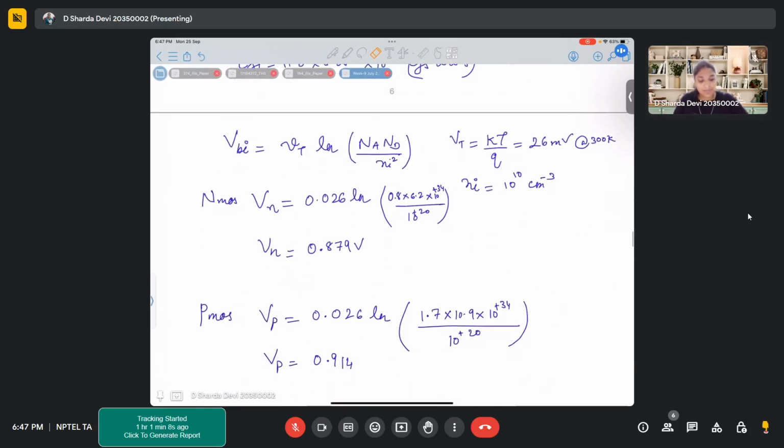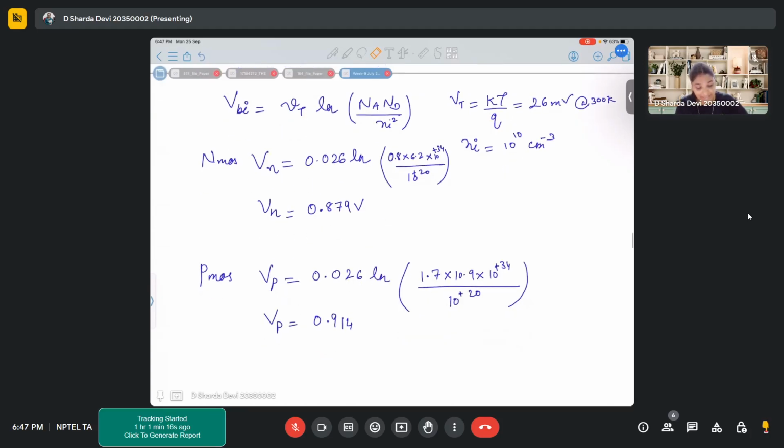So the powers will be positive, and hence we will get 0.879 volts for NMOS and 0.914 volts for PMOS.